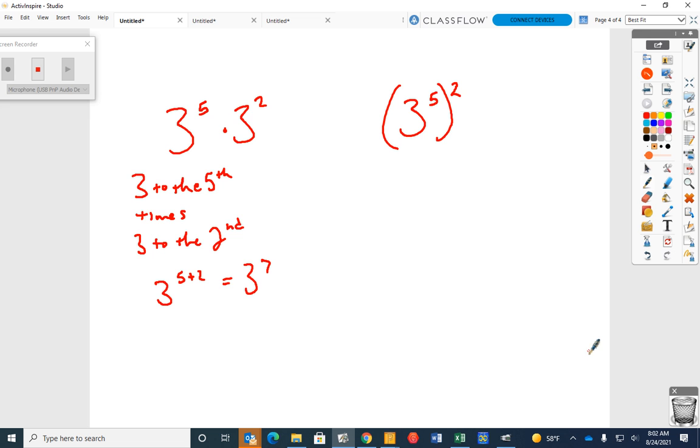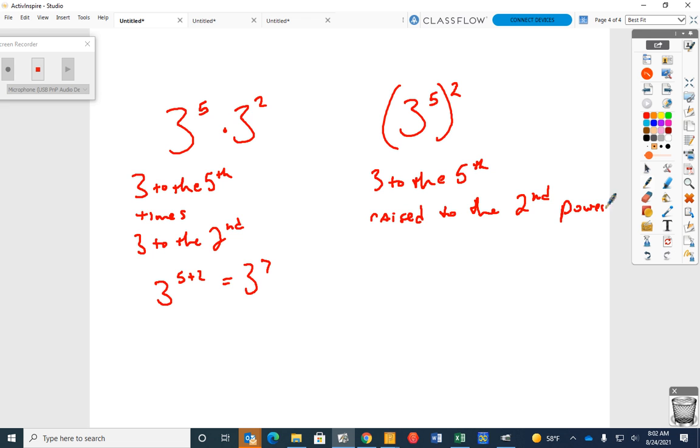Okay, kind of. All right, so what this means, guys, this means something different. This means 3 to the 5th, which is what's inside the parentheses, right? Raised to the 2nd power.